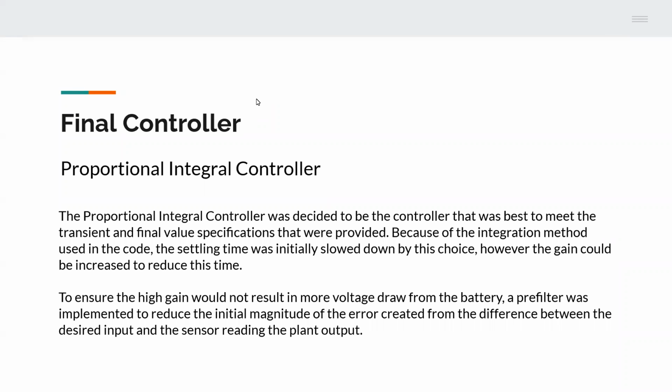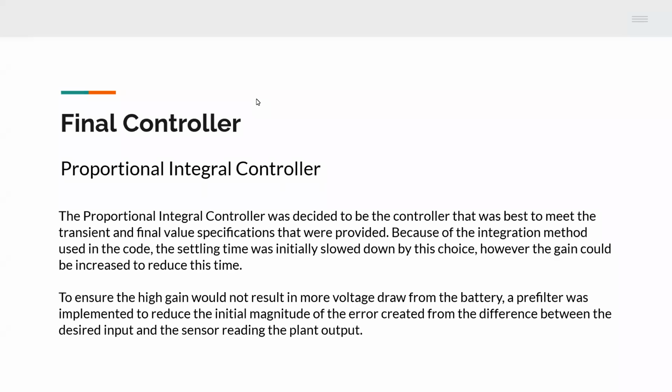And so we finally decided to use the proportional integral controller because it's a little simpler to calculate and it met our specifications the best, because the PI controller can easily do 0 error because of the integrator, and it has low overshoot and output voltage.